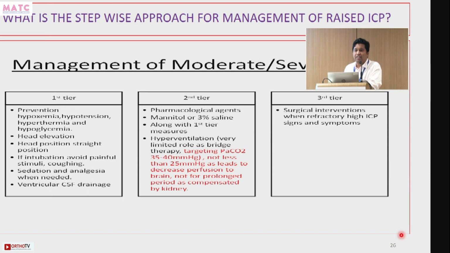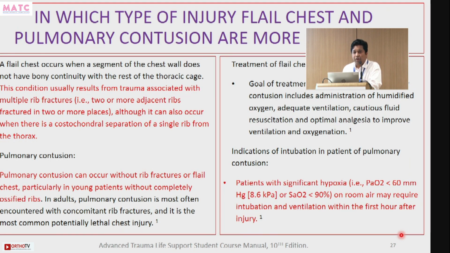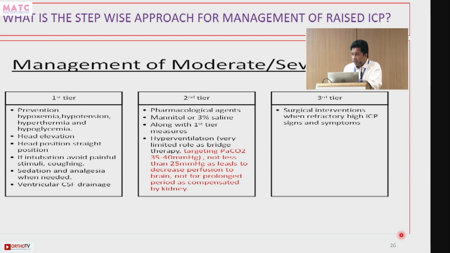You have to do the basic things which we do normally: head elevation, intubation if the patient is borderline. Start pharmacological treatment like anti-edema measures with hypertonic saline, hyperventilation, and last is decompressive craniotomy. So this is the main thing in traumatic brain injury which we come across.